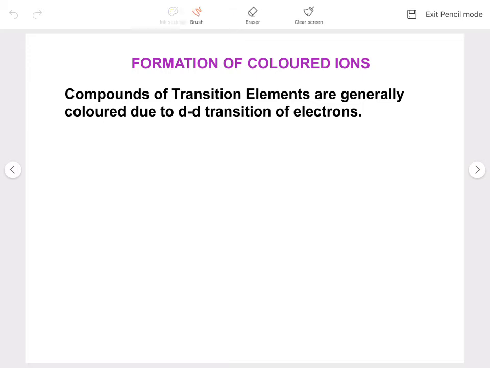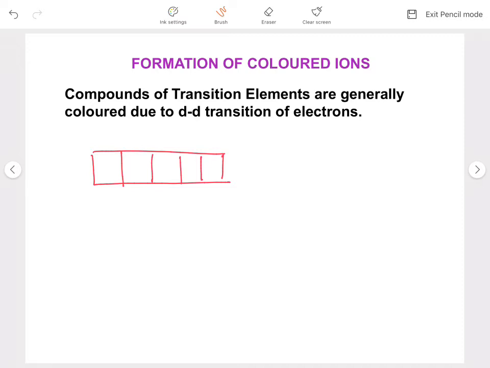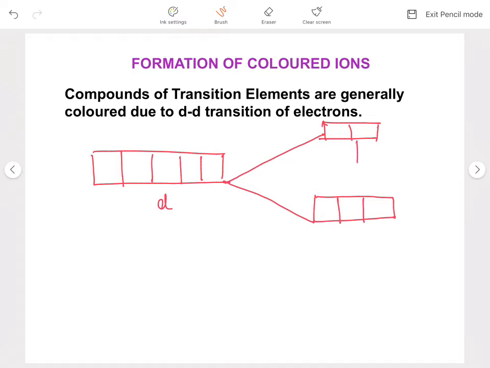See, this is the d orbital of an isolated gaseous atom. When certain group of atoms come near it during the formation of compound, they split up into 2 sets, one with lower energy and one with higher energy. 3 orbitals in lower group and 2 orbitals in higher group, with an energy gap of delta E, you can say.